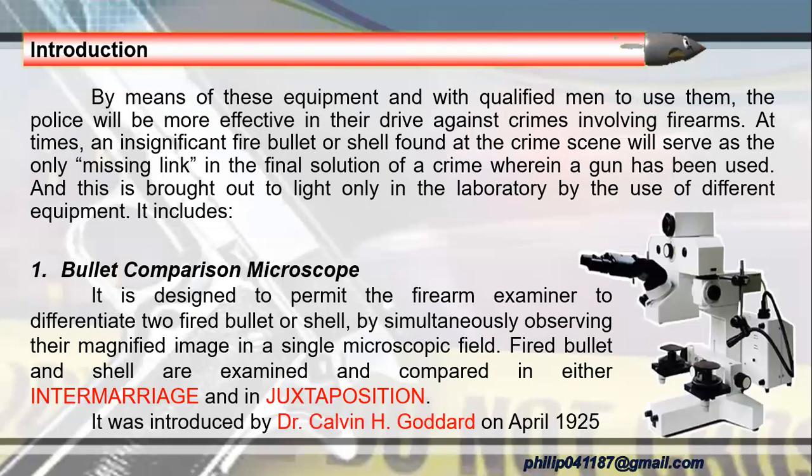Fired bullets and fired shells are examined and compared in either intermarriage or juxtaposition. It will be shown later what is intermarriage and what is juxtaposition. It was introduced by Dr. Calvin H. Goddard in April 1925. It is one of the important contributions of Calvin H. Goddard, being held as the father of firearms identification.